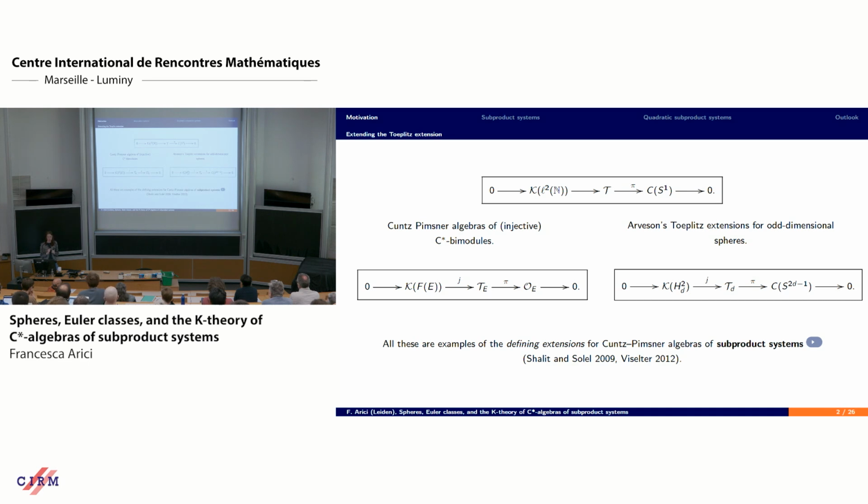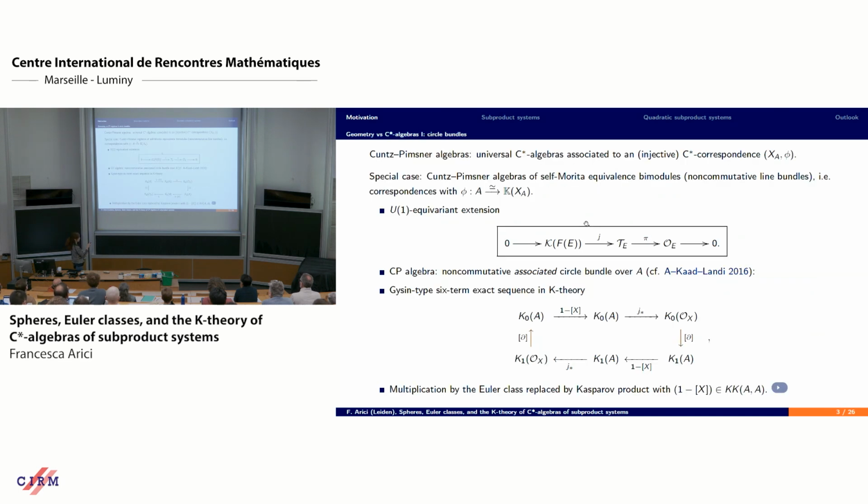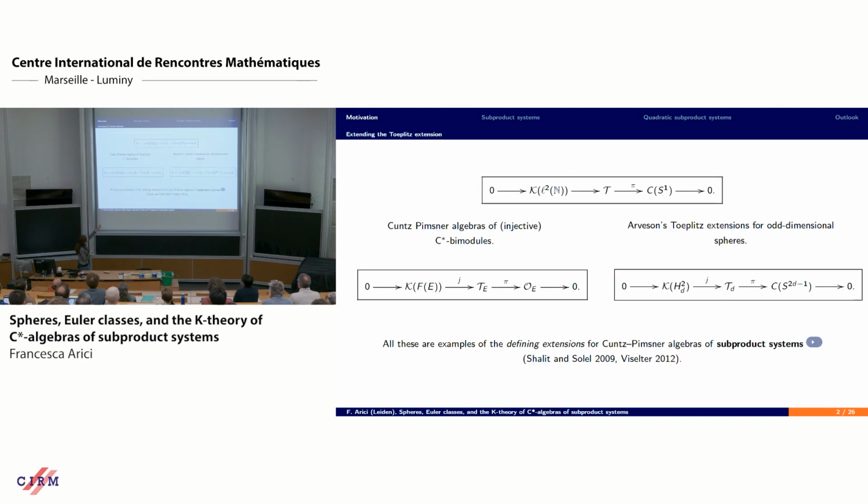What you see on the upper part here is the Toeplitz extension. It basically tells you that if you construct the Toeplitz algebra, the algebra generated by the unilateral shift, then this is almost commutative. It's commutative up to compacts, and the quotient is a commutative C-star algebra. If you compute the spectrum, you get a circle.